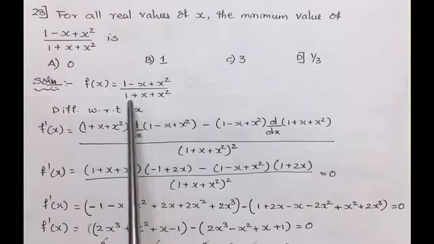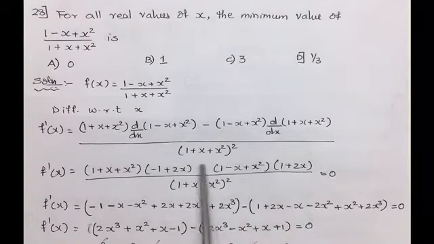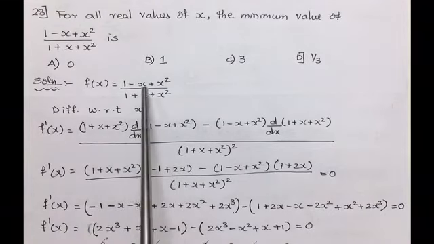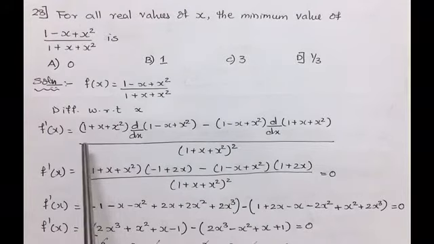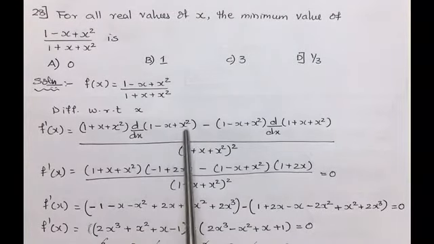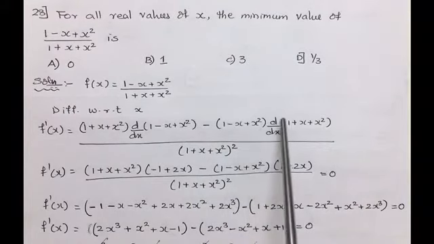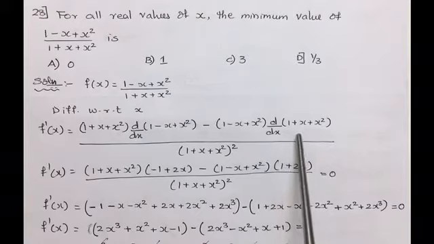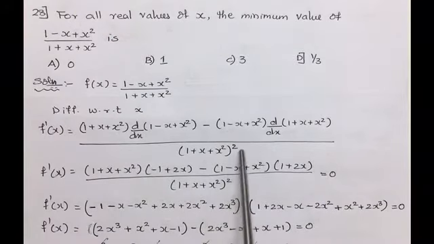Now to calculate the value of x, we need to differentiate the function with respect to x using the division rule. Using the division rule, (1 plus x square) is as it is, d by dx of (1 minus x plus x square), minus (1 minus x plus x square) d by dx of (1 plus x square), whole divided by (1 plus x square) whole square.